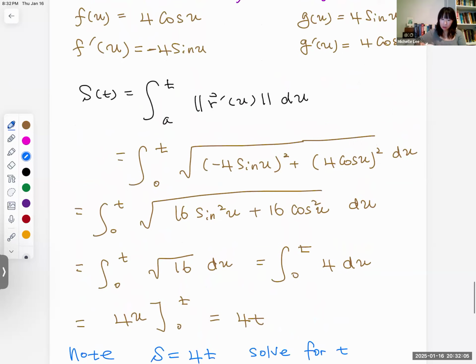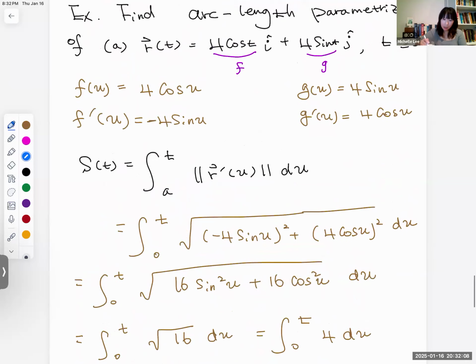Now we have r of t, and we change it to the other parameter.